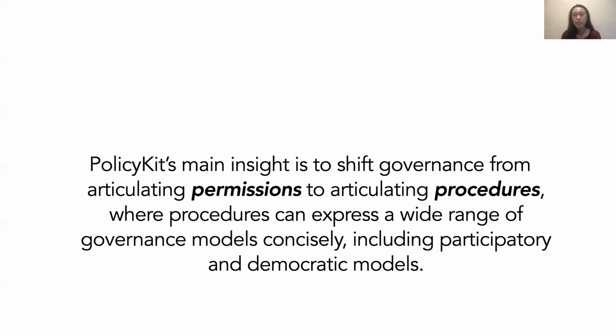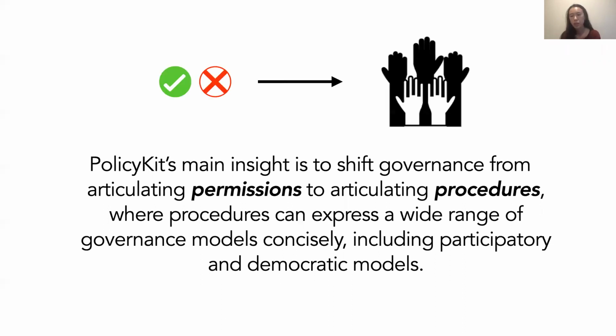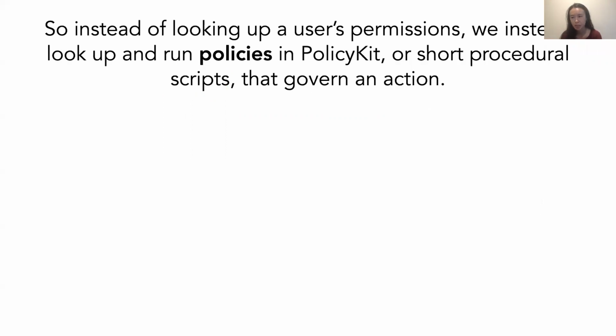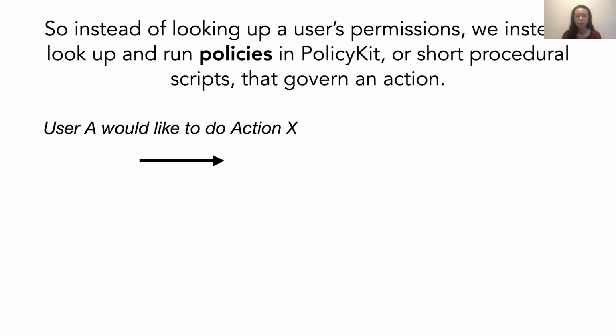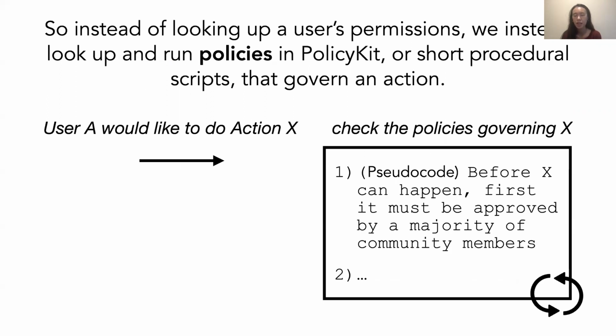PolicyKit's main insight is to shift governance from articulating permissions to articulating procedures, where procedures can express a wide range of governance models concisely, including participatory ones and democratic models. To explain how that works, when a user wants to do something, like ban another user from the community, instead of checking a permissions table, we instead go to the policies that govern that action.